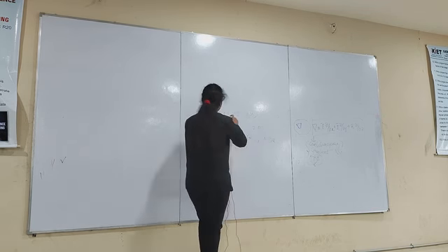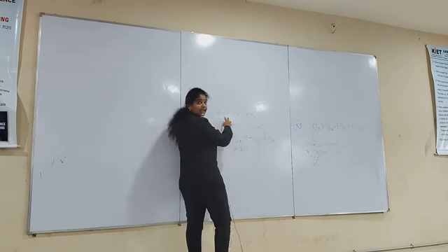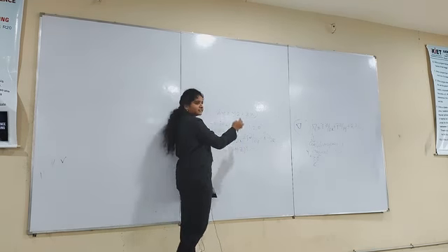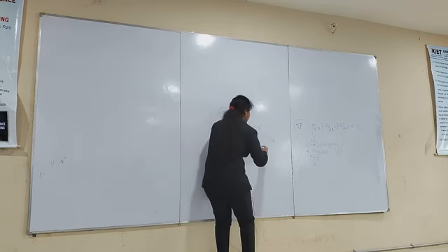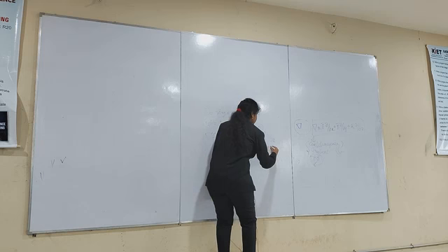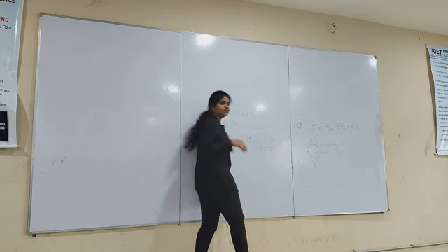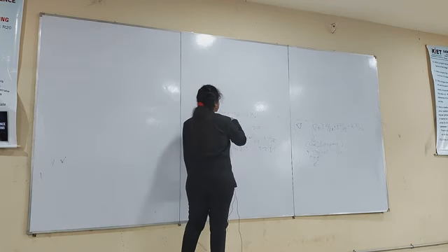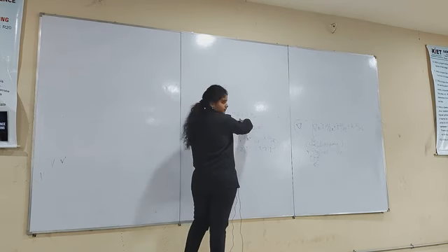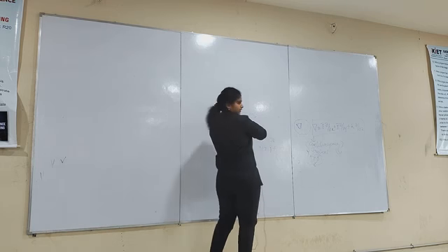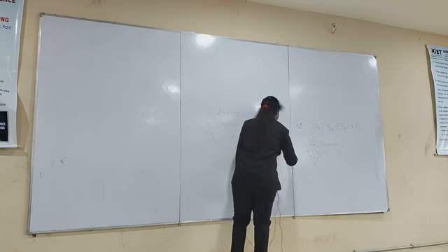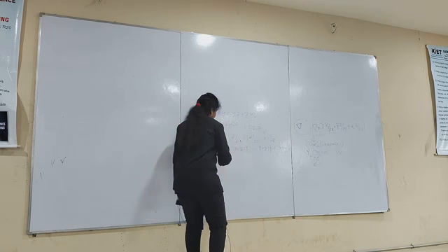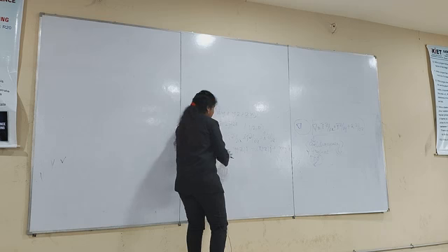Differentiating with respect to y gives x plus z, with j bar. Differentiating with respect to z gives x plus y, with k bar. This is the del f function.